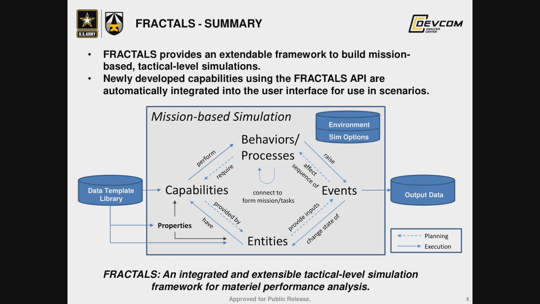All that loops together to form your mission-based simulation. Within there, you have different sim options and the environment. And typically your events are what drive your output data of what occurred that you're interested in for the analysis you're doing.